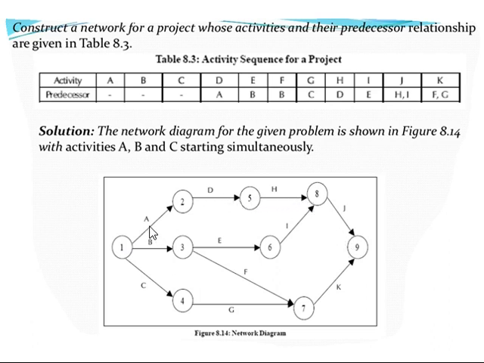This is one path: A, D, H, I. Similarly, following the direction of the arrow mark, B, E, I, J is another path. One more path is B, F, K. Another path is C, G, K.